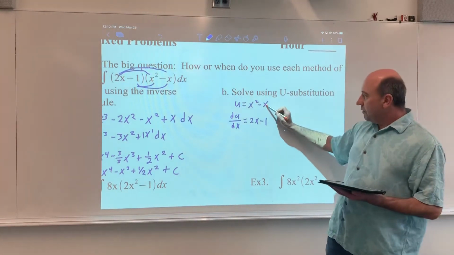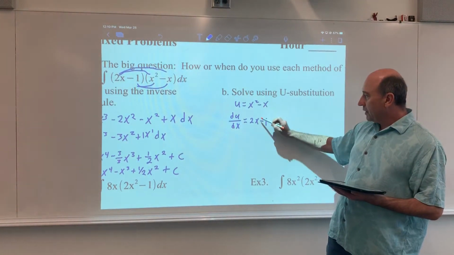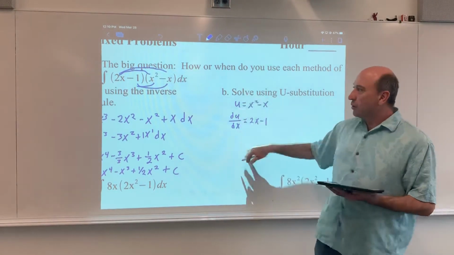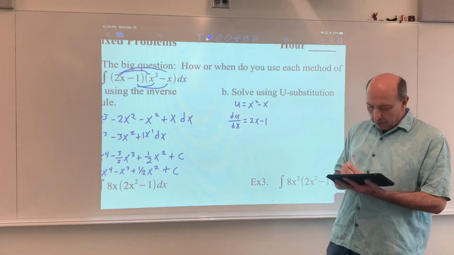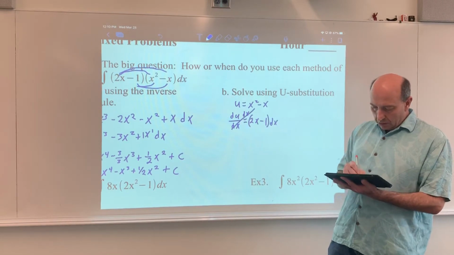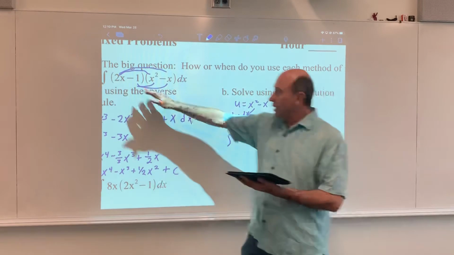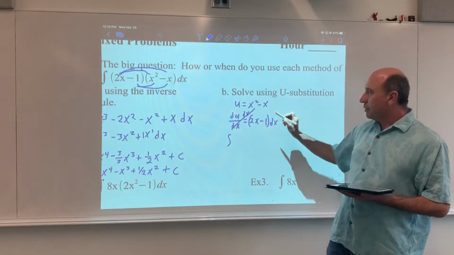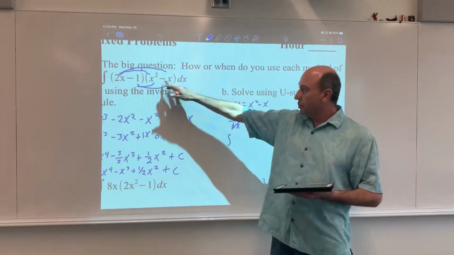If this is the inner formula, then the derivative of u, but what I mean is, I think we can write it with u's. Okay, so multiply both sides by dx. Okay. So let's try to write this integral with u's. So start with the u, x squared minus x, that's u. So put a u down.